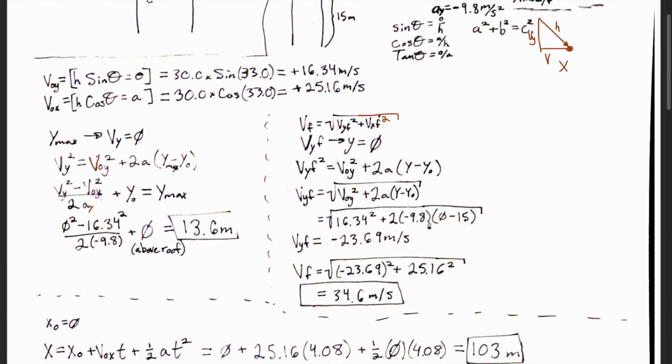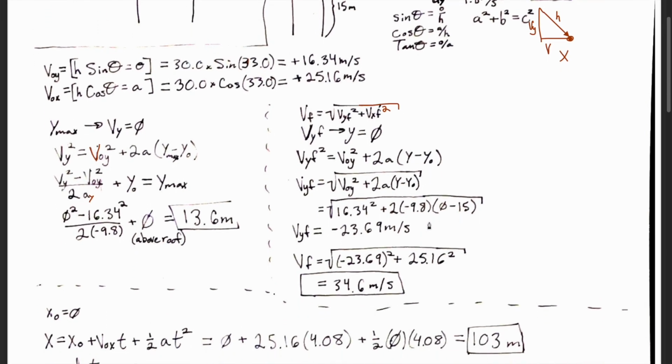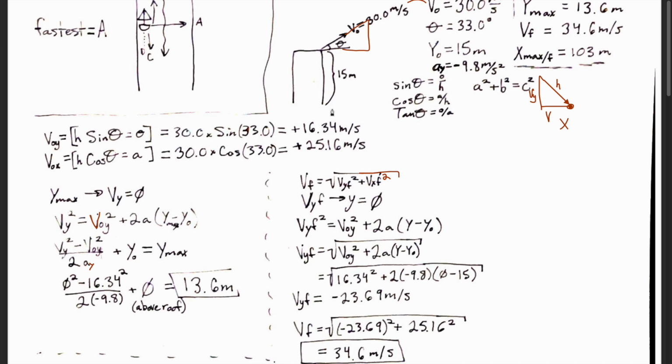And finally, we're going to find the x max, which means the distance from here to here. So this distance here is the x distance.